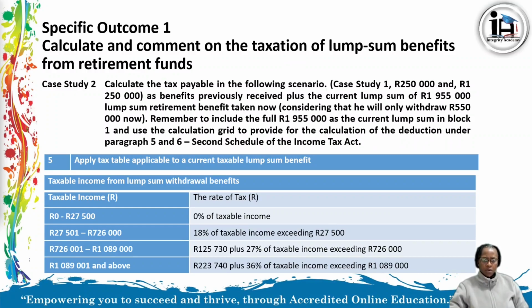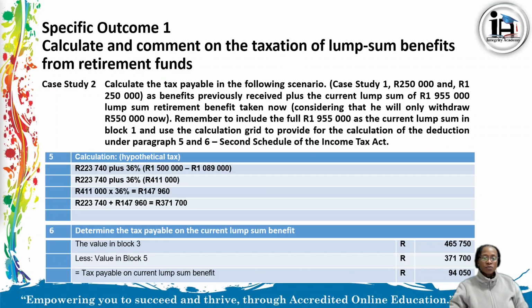And number 5, we apply tax table applicable to a current taxable lump sum benefits. Taxable income from lump sum withdrawal benefits, there is a tax table there below. So number 5, we do the calculation. That is 223,740 plus 36% of 1,500,000 minus 1,089,000. It is 411,000.